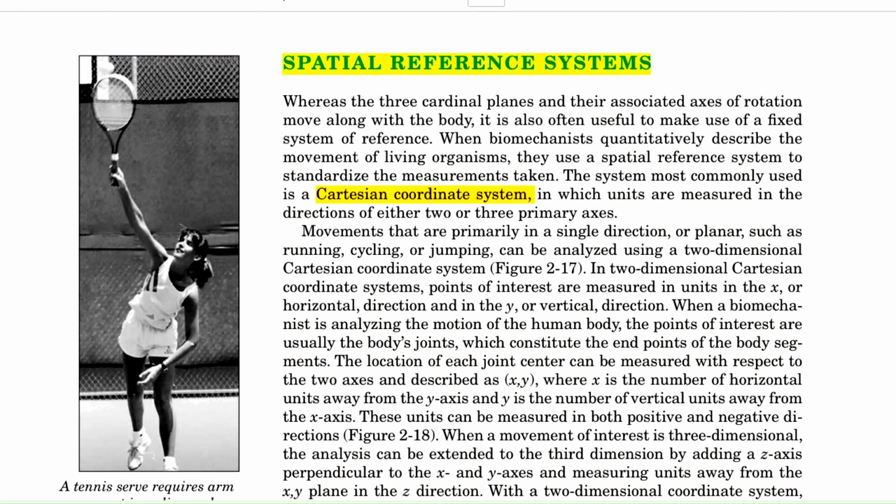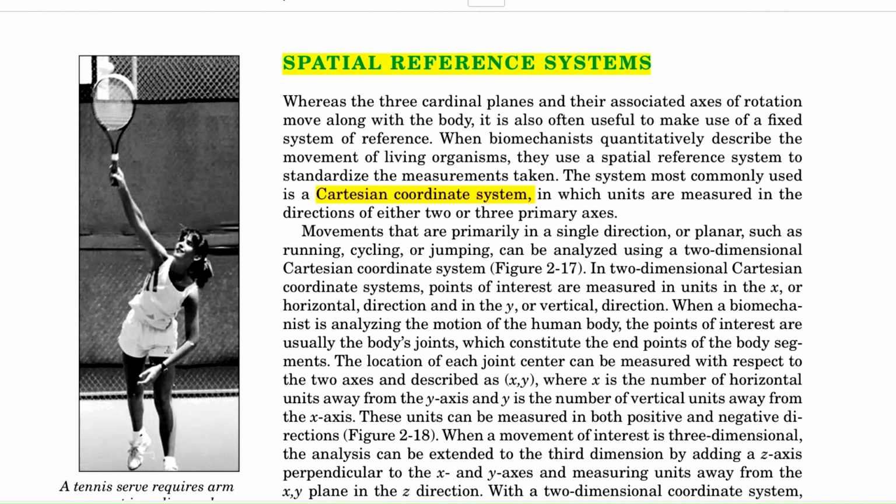The three-dimensional system is used when analyzing complex movement involving multiple planes. Because 2D includes a single plane, 3D involves multiple planes, which helps us analyze complex movements. It adds a third axis, the z-axis, perpendicular to both the x and y axes.